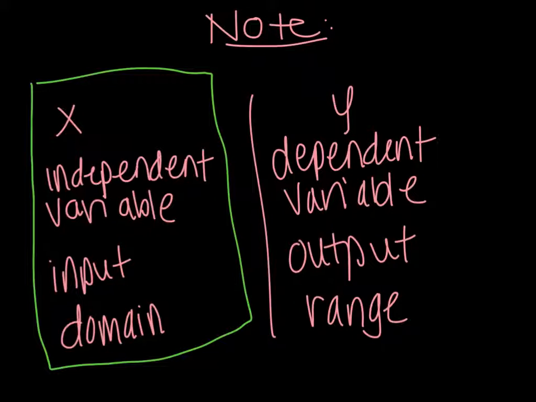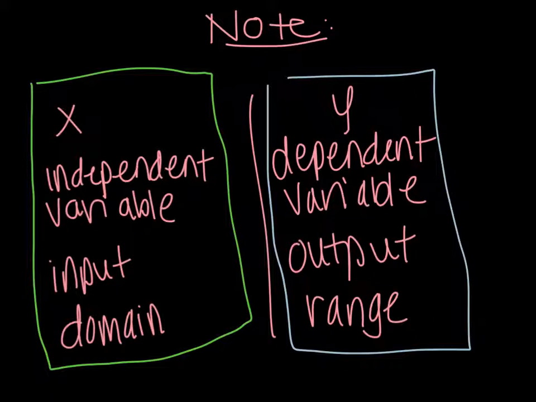And then this set of words also mean the same thing: y, dependent variable, output, and range all mean the same thing. So you can really use these words interchangeably, except for domain and range, because domain and range end up talking about a group of numbers. So domain and range is almost like the plural version of the other three in each group.